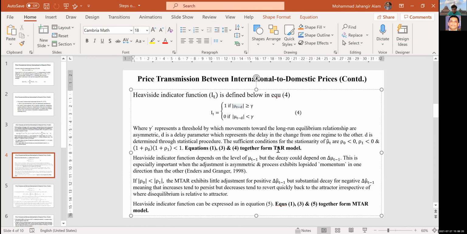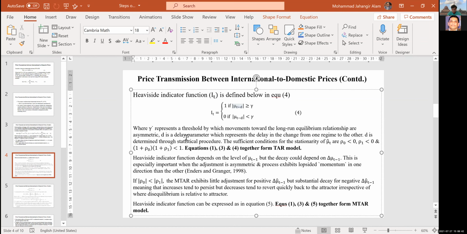But there is a limitation in the threshold autoregressive model in the literature. So to solve that problem, or avoid that limitation, we reformulate this model as MTAR, the momentum threshold autoregressive model.